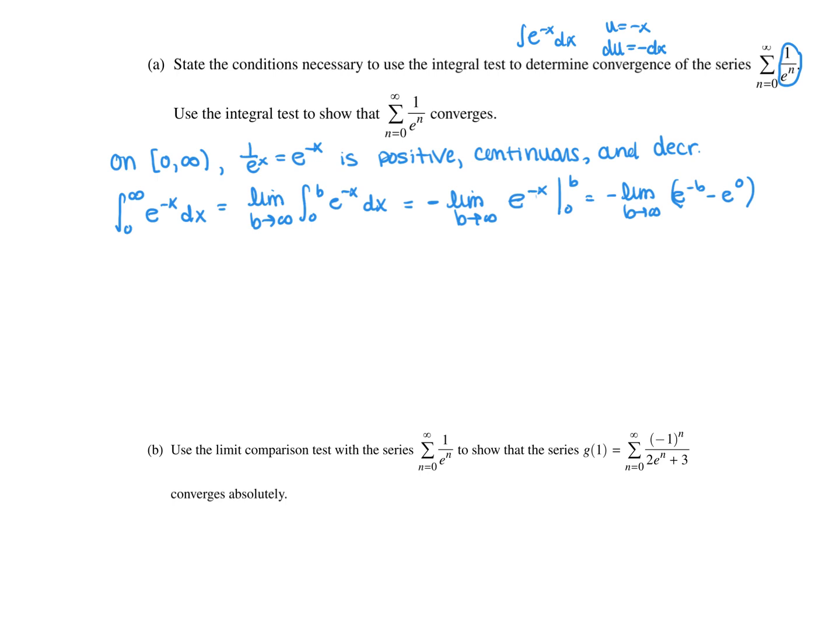Well, we know e to the 0 is 1, so we currently have the limit as b goes to infinity of e to the negative b minus 1. But thinking of e to the negative b, this would be 1 over e to the b. We know e to the b grows exponentially as b goes to infinity, so the ratio of those is going to decrease to 0. So this is going to be equal to 1.